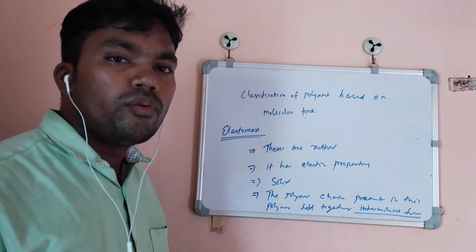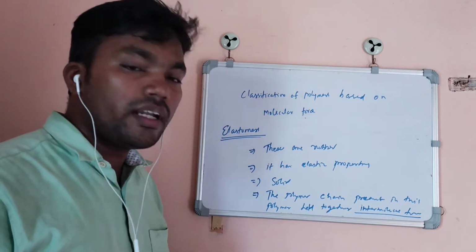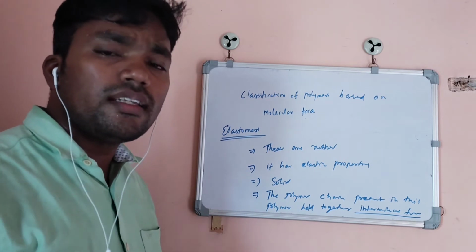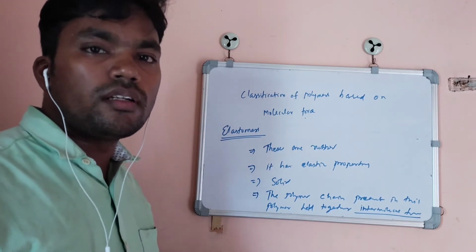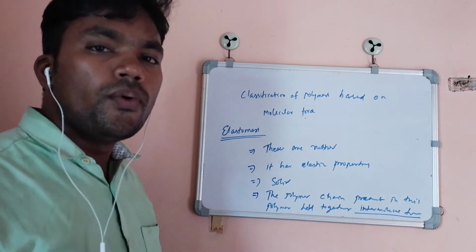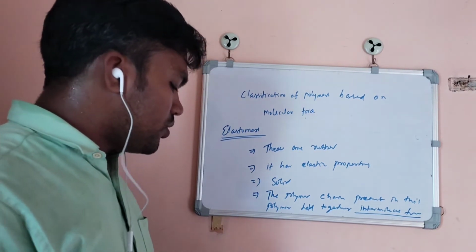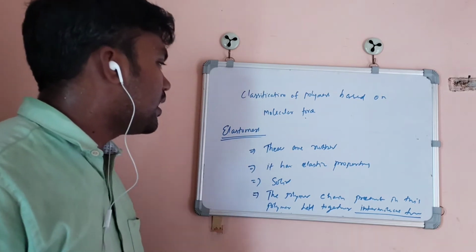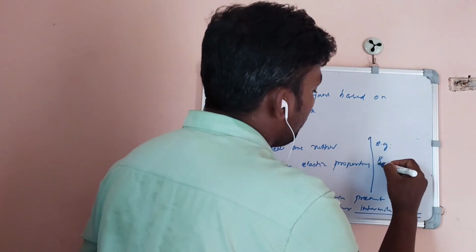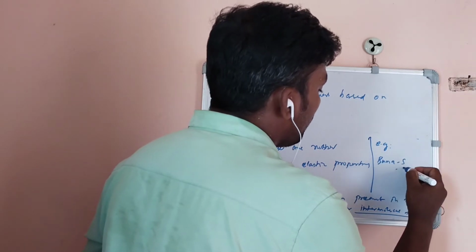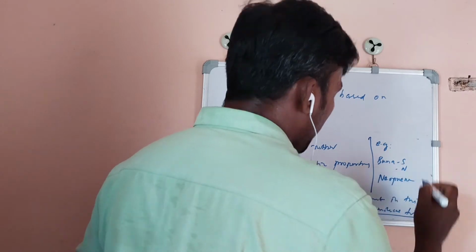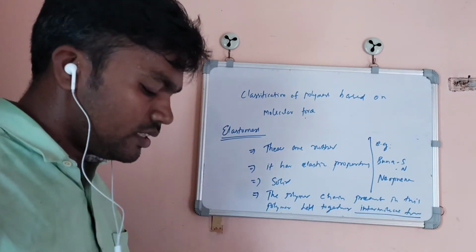After you release the force, they come back; we can stretch them as long as we want, and when you release the force, they return to the original shape. What are the examples for these elastomers? Buna-S, Buna-N, and neoprene are the examples for the elastomers.